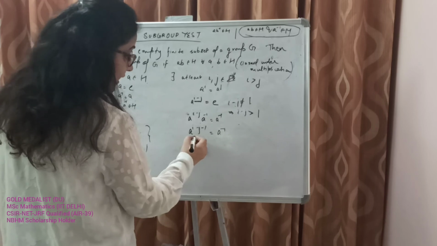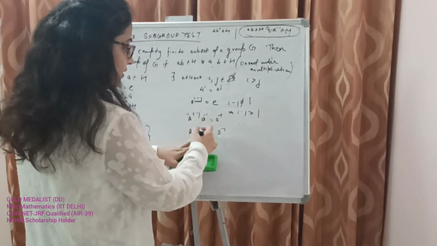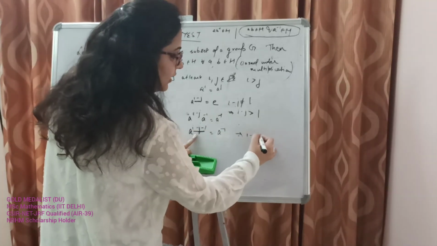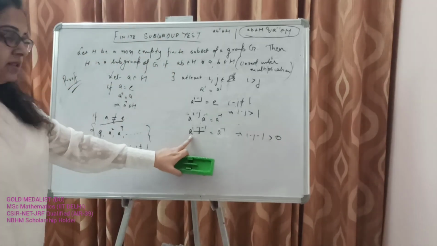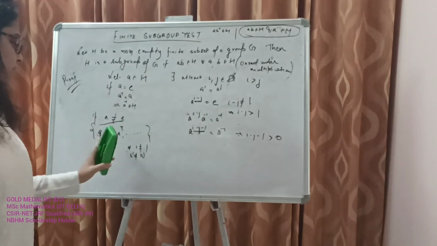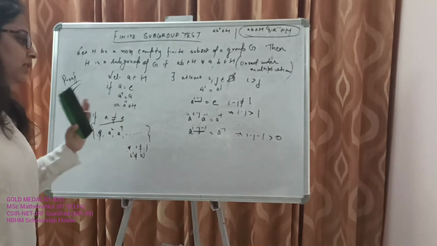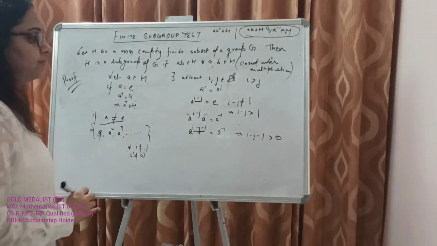Since this is a power of A and I minus j is strictly greater than 1, I minus j minus 1 is strictly greater than 0. This is a positive power of A for sure. We are taking A square, A cube, A4, A5. These are all positive powers, and A power I equals A power j.